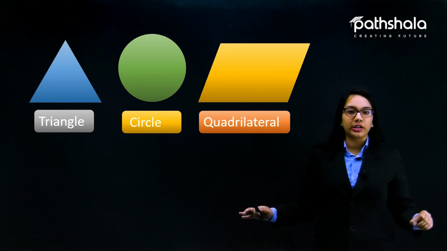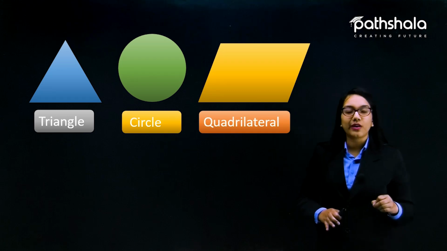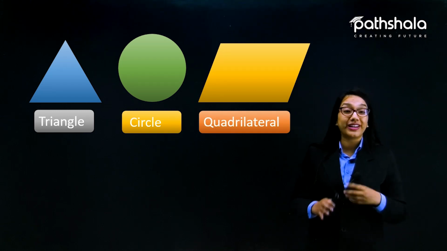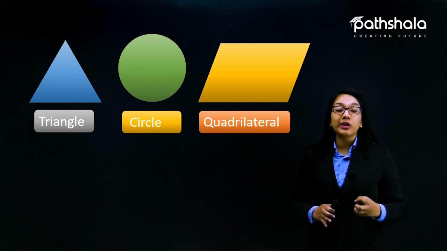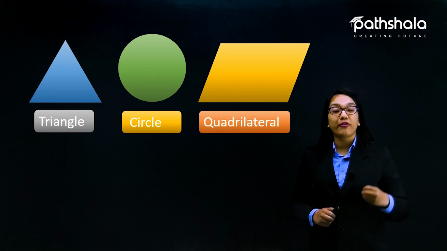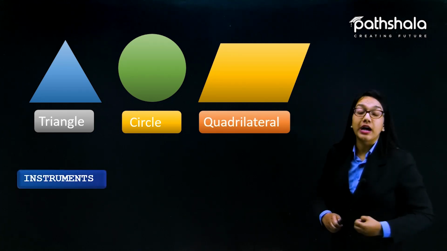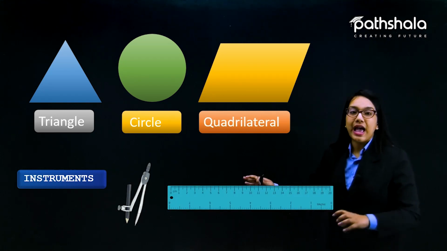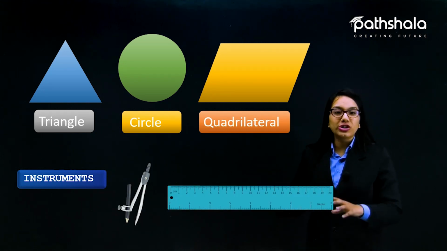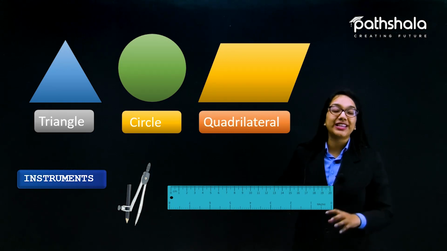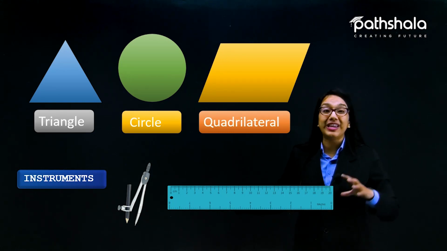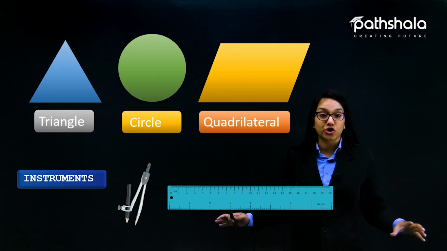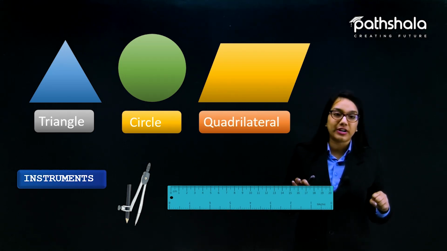But in general, in geometrical construction we only require two types of instruments, and those are the compass and the scale. Using these two basic instruments, we can draw the basic constructions of some diagrams.